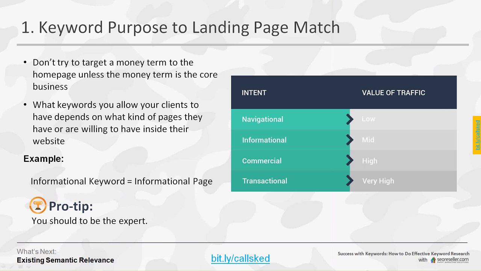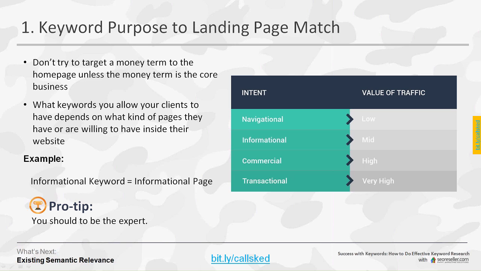That would usually not fall on your homepage unless that's the only thing you sell and you're not selling any other bicycle parts. But if you're selling complete bicycles or accessories or whatnot, a keyword like that would probably fall better inside your category pages, which are then commercial in nature, bringing your customers closer to the end of the conversion funnel. So informational keywords must fall on informational pages.